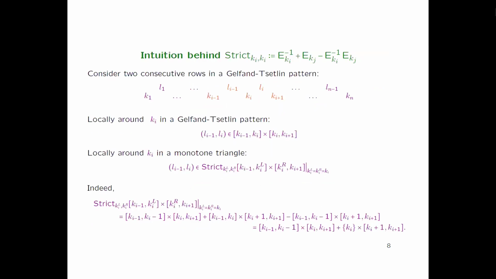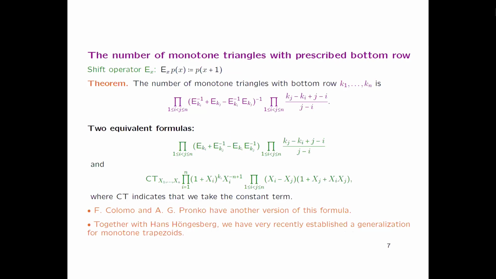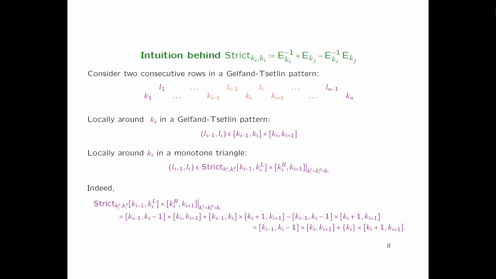Okay, so now I want to explain why we have this operator. So I want to give you an intuition behind the operator you have seen before. So the operator in the top line was just the operator in the first formulation of the formula. So let me try to explain it to you.